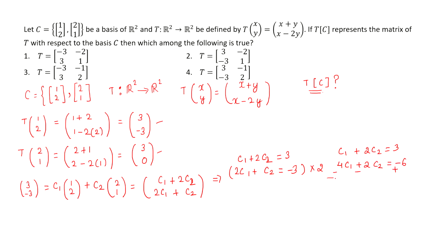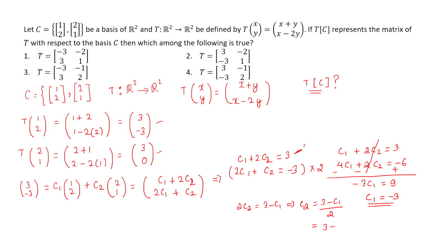Now subtracting, we have −3C2 = −9, which implies C2 = 3. So we have obtained C2 = 3, and similarly if we want to find C1, from the second equation C1 = (−3 − C2)/2, so C1 = −6/2 = −3.